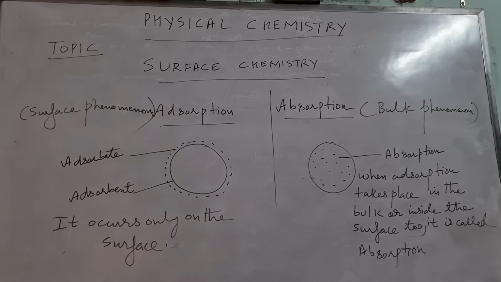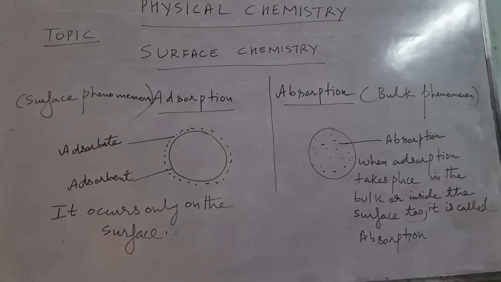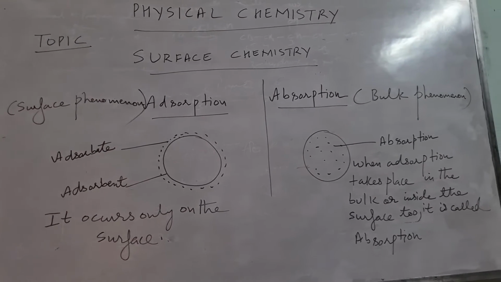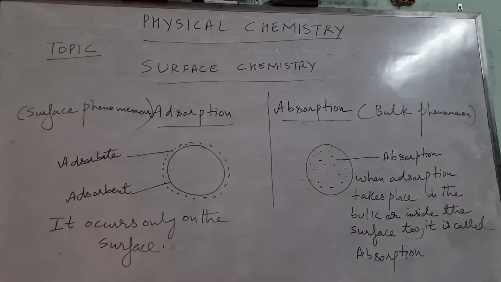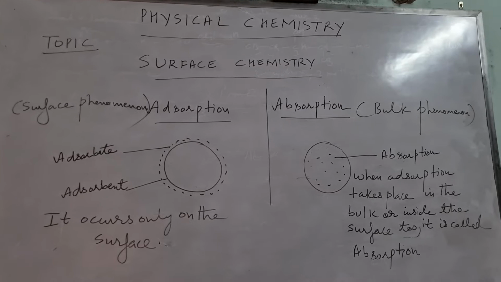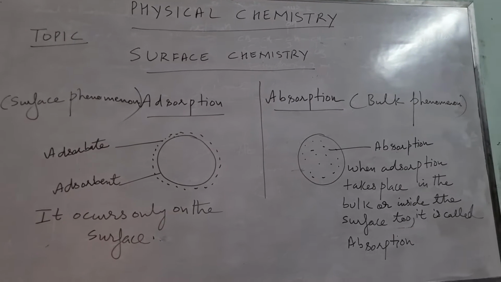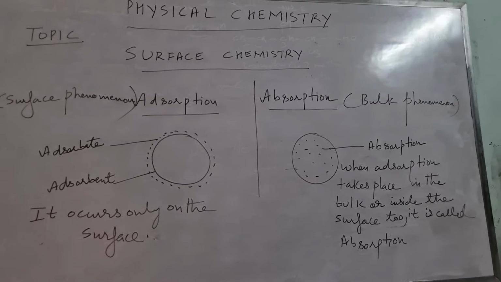Monolayer means only one layer will be formed. Why is it so? Because once the layer is formed over the adsorbent, there will be the formation of chemical bond. So the fourth point is very important: multiple layers in physical adsorption, and a single layer in chemical adsorption.